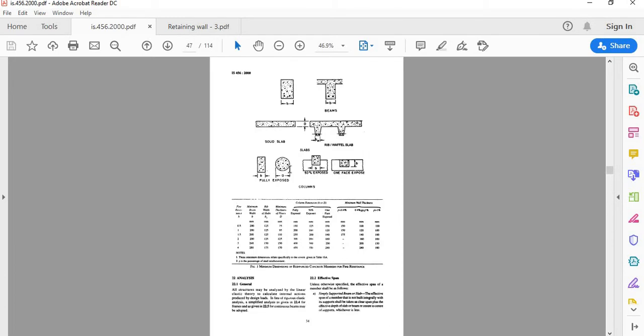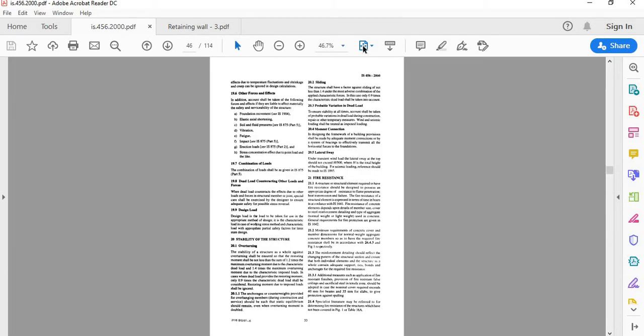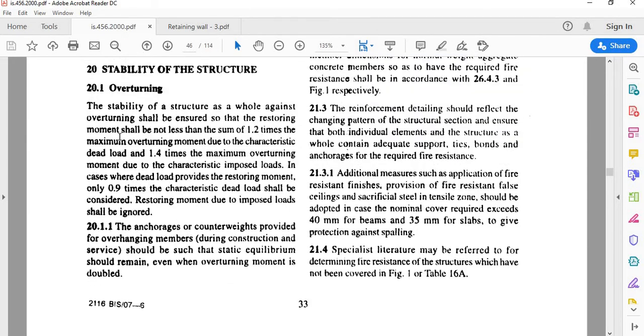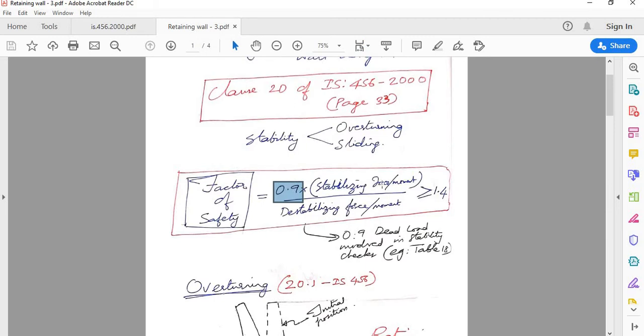This is 22. Yes. So here that's what we will do. You will take 0.9 times the stabilizing force or moment by destabilizing force, and the factor of safety should be at least greater than 1.4. If it's not satisfied, you have to redesign the sectional properties.